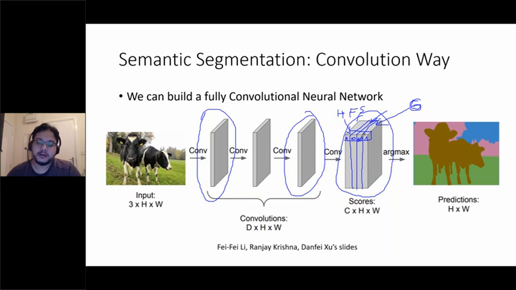But you said that the input are labeled. I see, the input, yes, they are labeled, but we are not looking at the label yet. The labels are used when we compute the loss and try to update. Yeah, but what I can't understand is that in the input I see 3 by H by W. In the input data we don't specify for each pixel whether it is a sky or a cow.